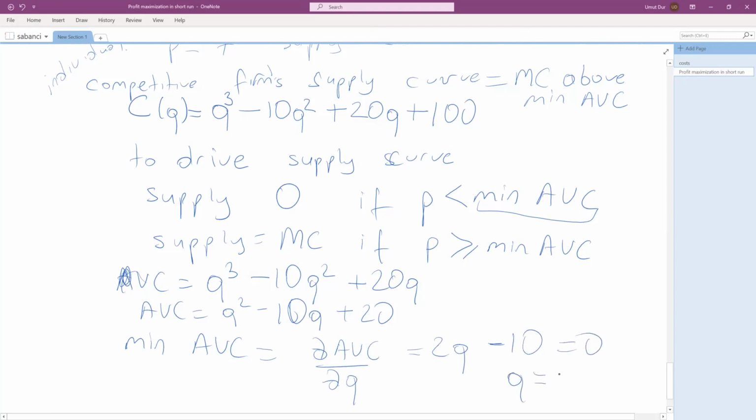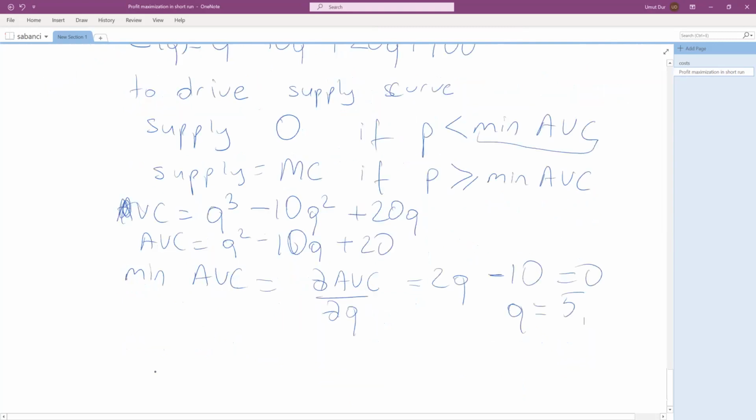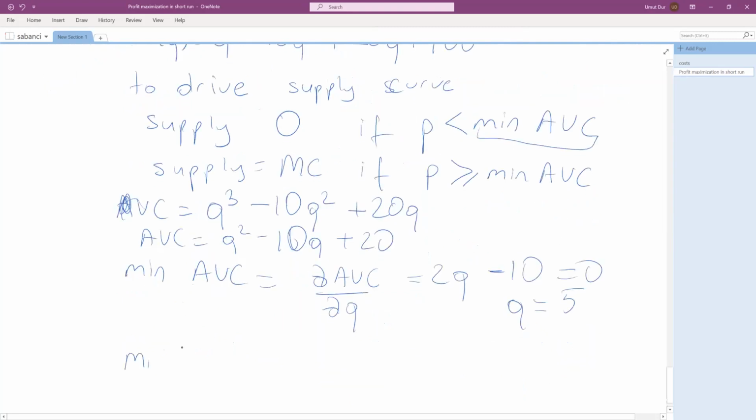Then I find quantity is equal to 5. Then I plug in the value there. That is 25 minus 50, plus 20. So what do I find here? It is minus 5.